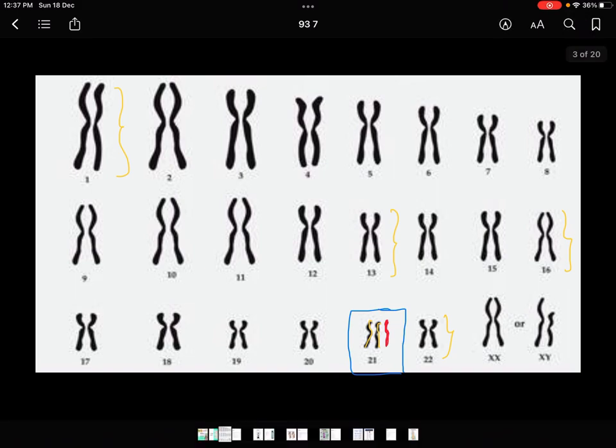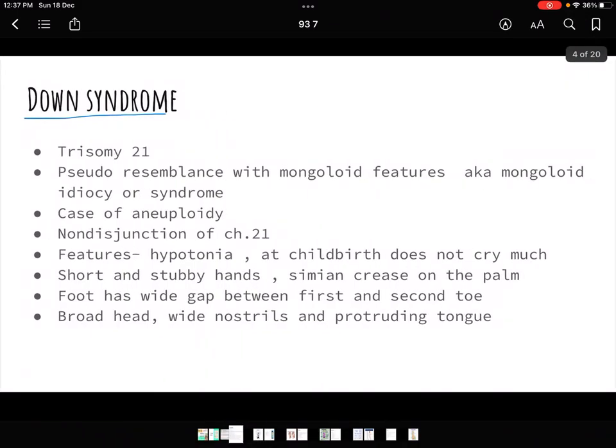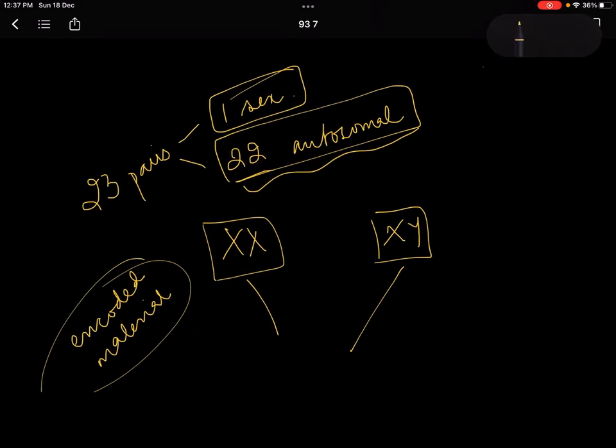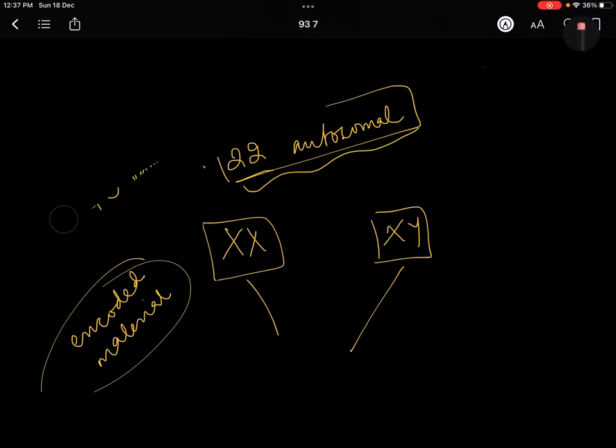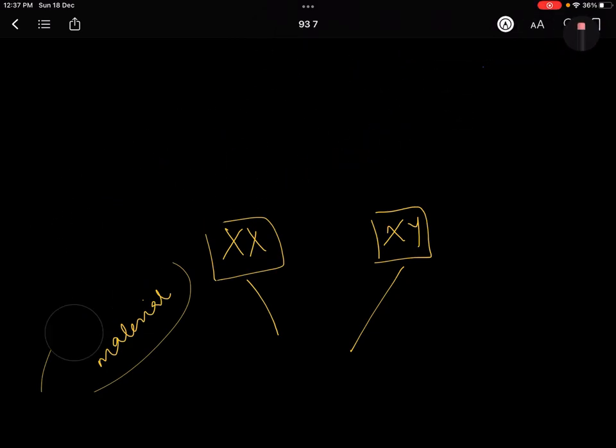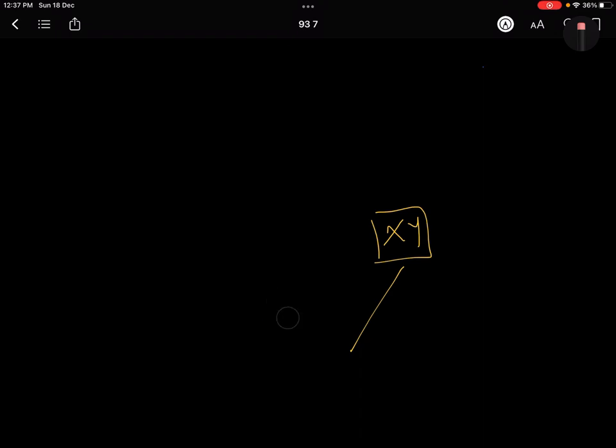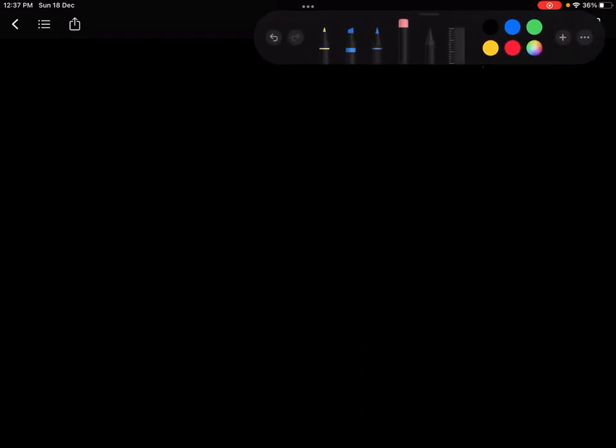For example, a Y chromosome has far fewer genes encoded on it as compared to an X. So if there is any abnormality on a Y chromosome, it might not become as fatal as an abnormality on the X chromosome. Why? Because on the X there are a lot more genes encoded.